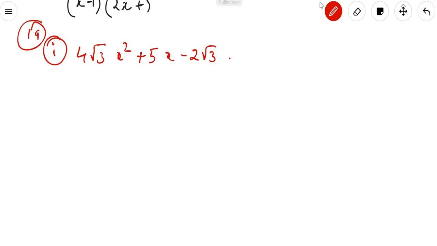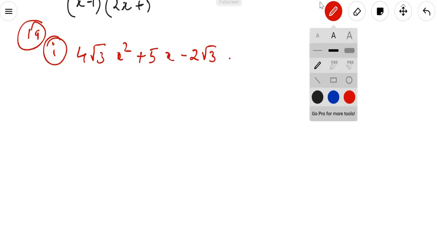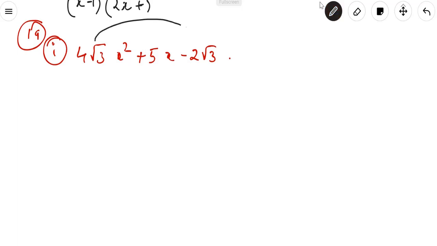Okay, now the first step is you have to multiply these two terms. If you multiply, 4 root 3 into 2 root 3, so this into this is 8. Root 3 into root 3 is nothing but 3. So 4 3s are 12, you're going to get, 2 terms.